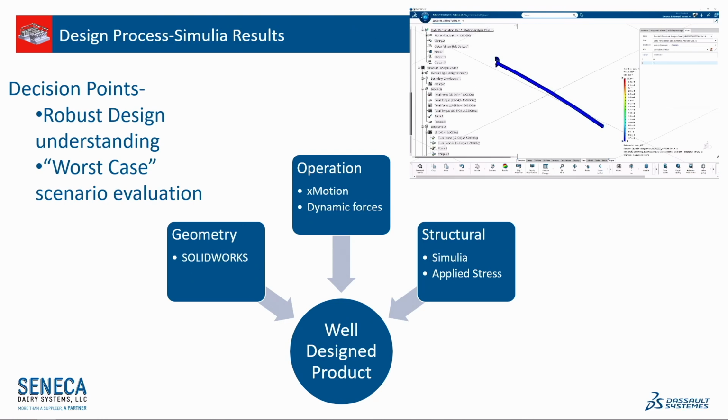And then a key point is just knowing what the worst case is. And as I think back to my hand calculations from my original process, I really didn't know how to evaluate the worst possible case scenario for this design.